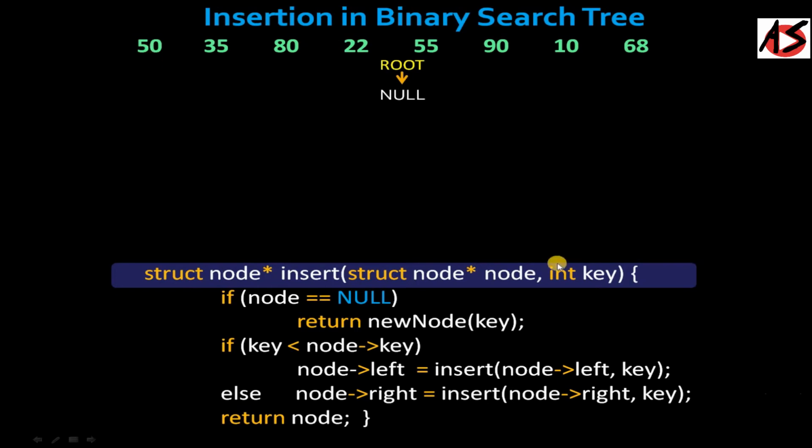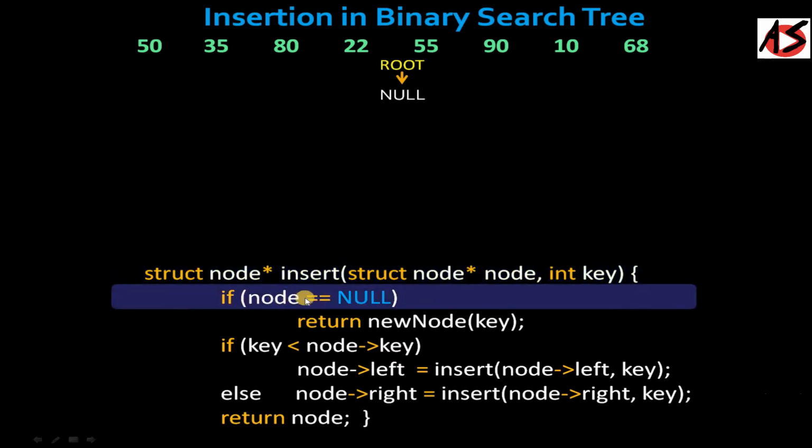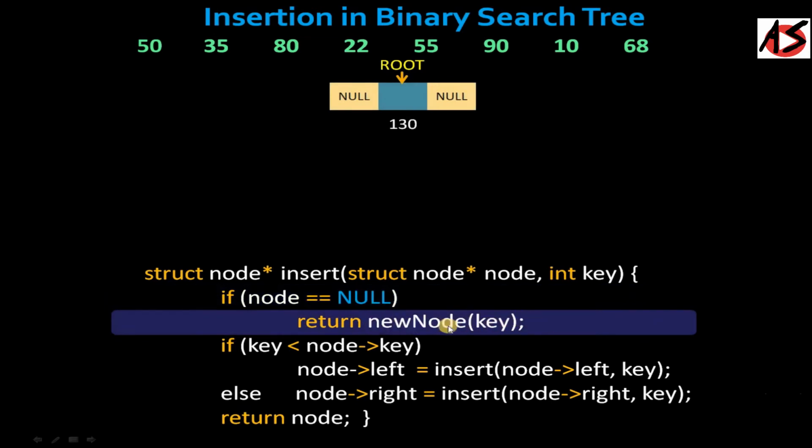So initially you are taking key 50 for the insertion, so you are checking the condition if node is equal to null. So here you can see node is root and it is null, so you are returning the new node with key. So here your new node has a structure like this in which you have left and right pointers null, and you can take the key in the data part.